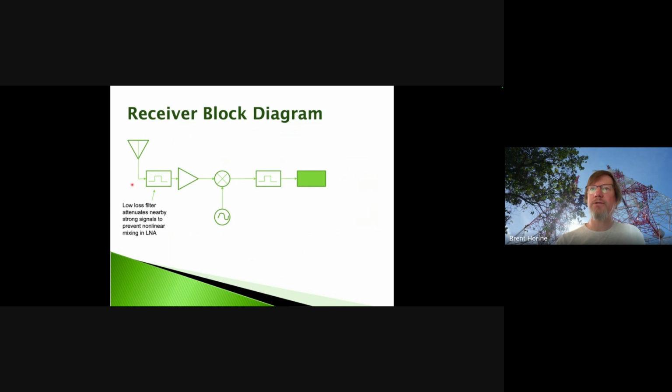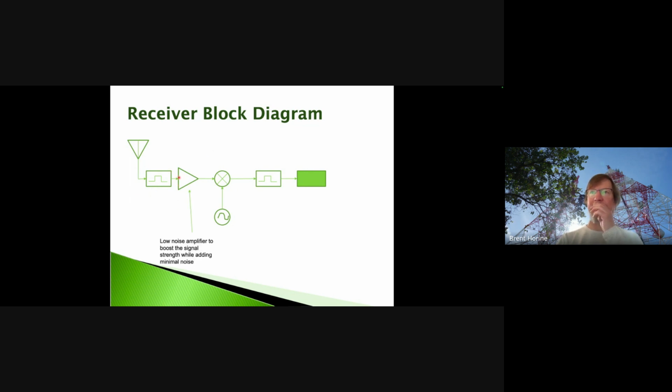Then we filter that using what's hopefully a very low loss filter. And that's designed to pass the band of interest, but reject other nearby strong signals that would otherwise interact with the nonlinearities in this low noise amplifier, right? So as to cause some spurious signals, right? So we filter those out.